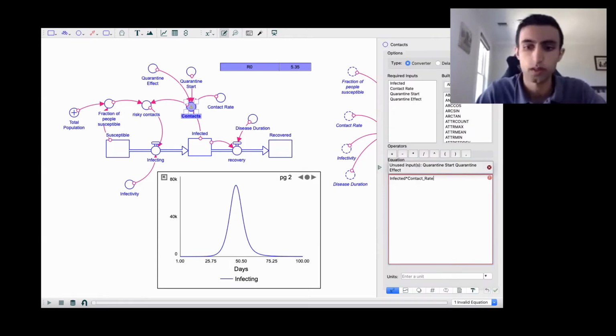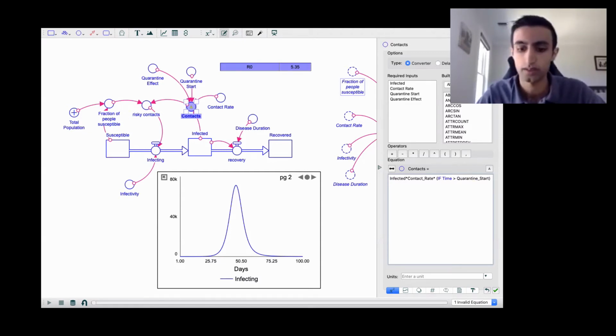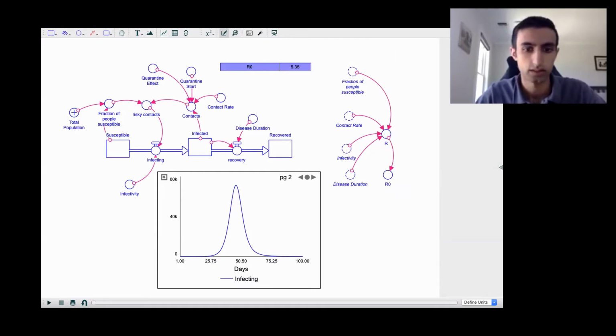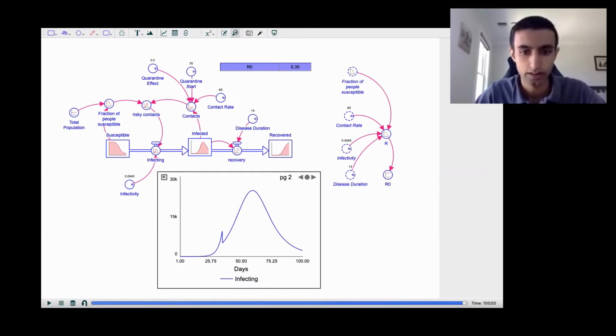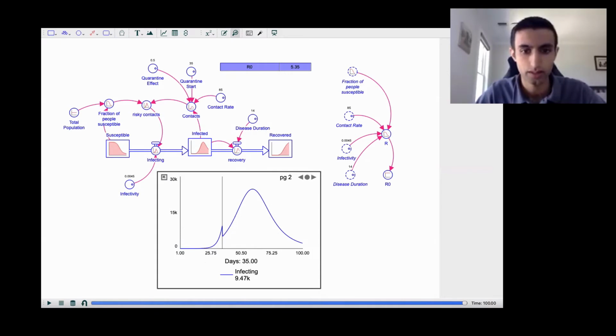We can do this by multiplying: if the time is greater than or equal to the start of the quarantine, then we'll use the quarantine effect, else we'll just use 1. And so this here is day 35, and you can see the quarantine put into effect.